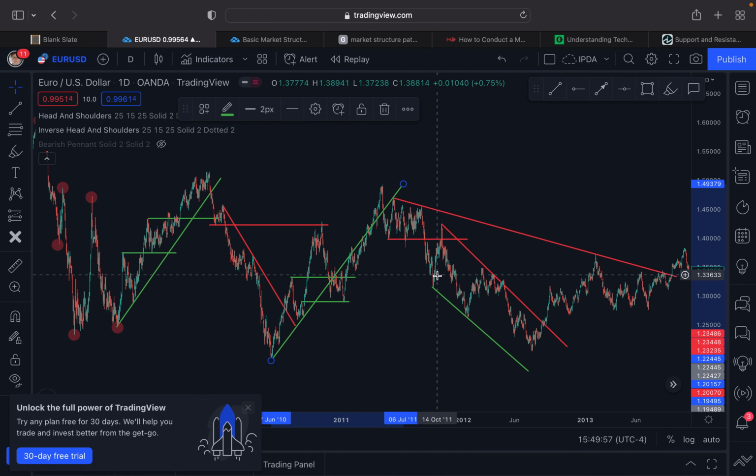So if you look at it simply, this first and then the second touch here, and we can see later on in market history, these areas become resistance. And you can see that in these immediate touches, one touch, almost three touches, and the market moved lower.